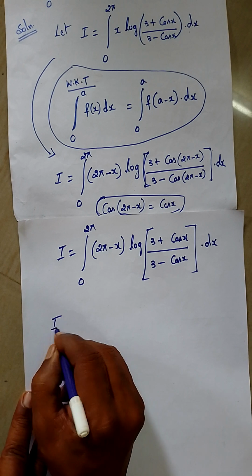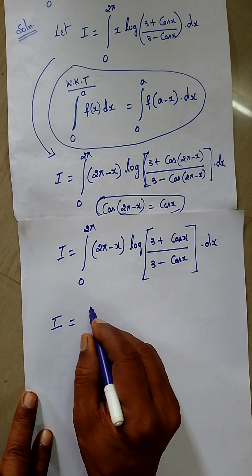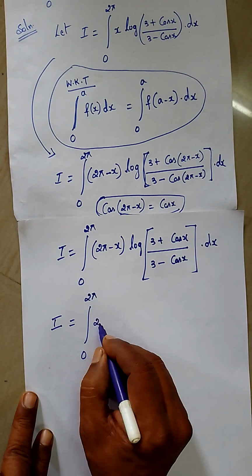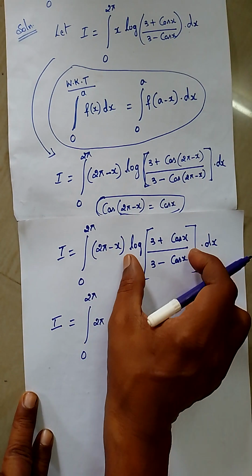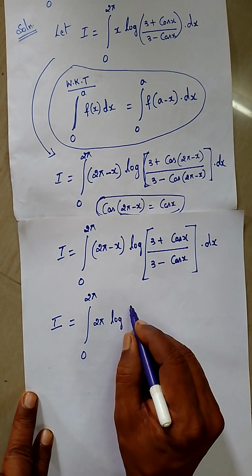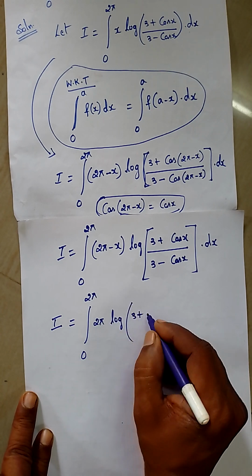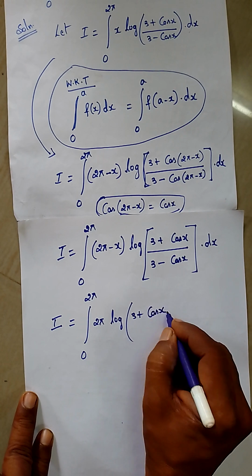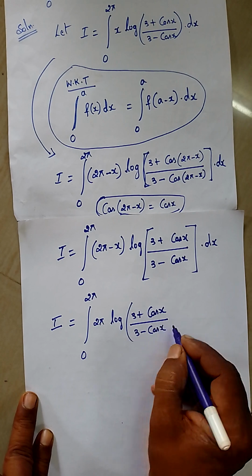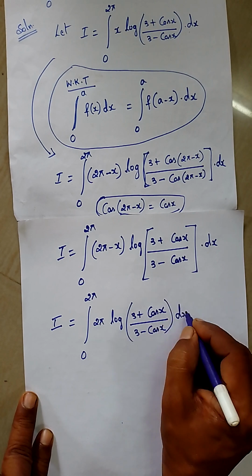So it will be I is equal to the integral from 0 to 2π, this 2π is multiplied with this term, so 2π into log((3 + cos x)/(3 − cos x)) dx.